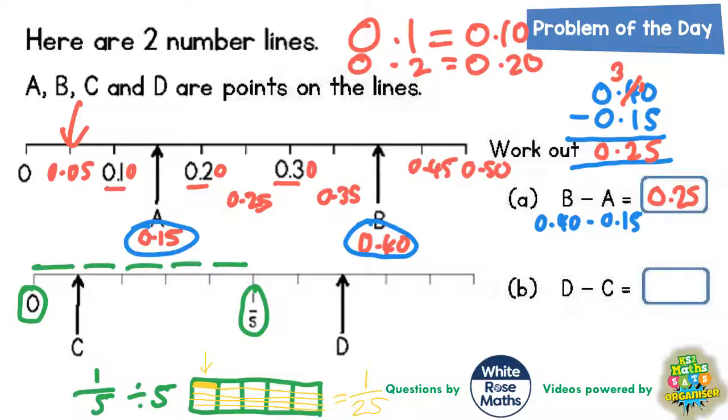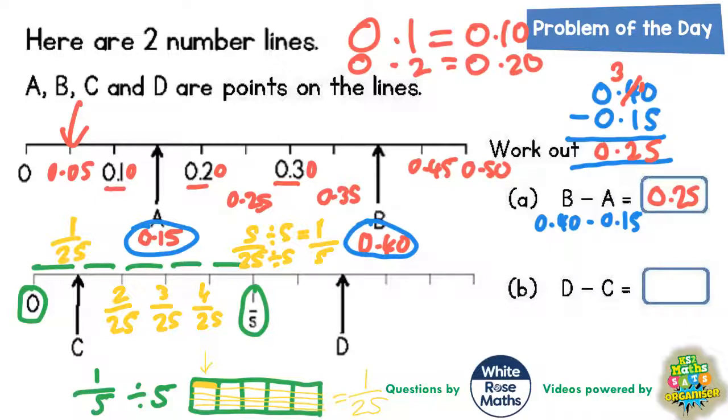So basically, C must be pointing to 1/25. The next markup would be 2/25, the next markup 3/25, 4/25, and then 5/25. But remember, 5/25 would be simplified to 1/5. If you divide both of these by 5 to simplify it, 5s into 5 goes once, and 5s into 25 goes 5 times.